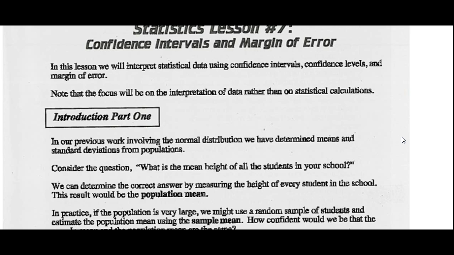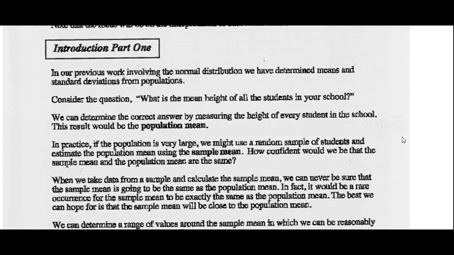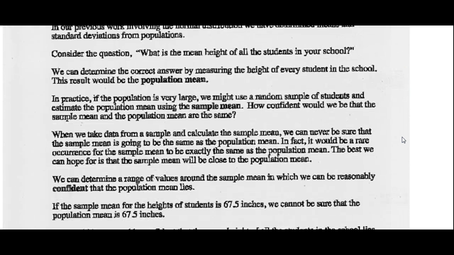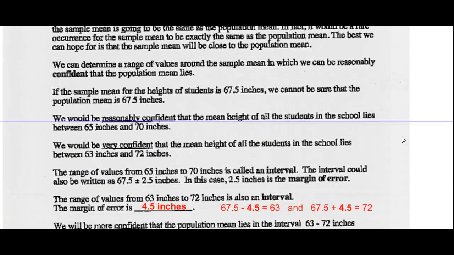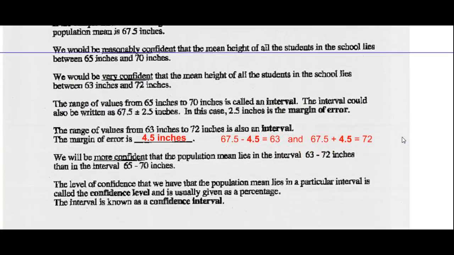Introduction Part 1. So I want you guys to read through Introduction Part 1. Then you can go over to the next page and read through Introduction Part 2. All right, so that's your job. Read through that stuff.